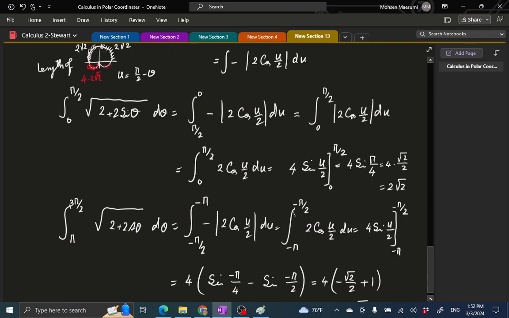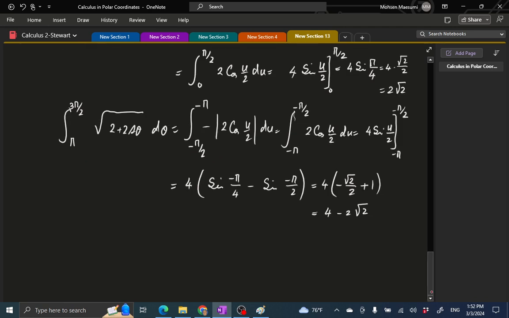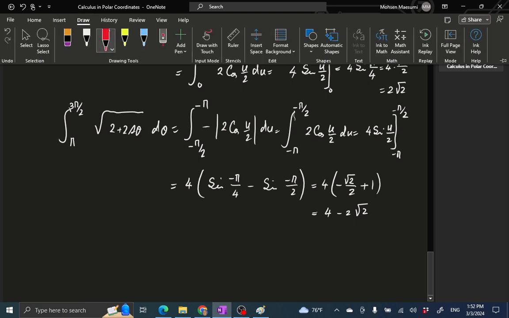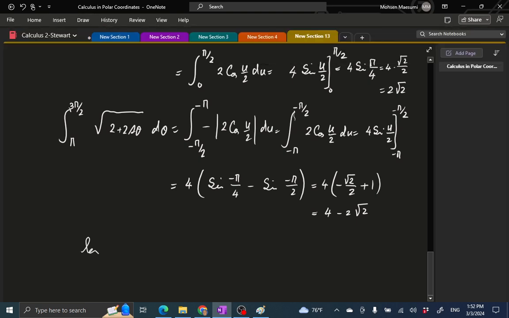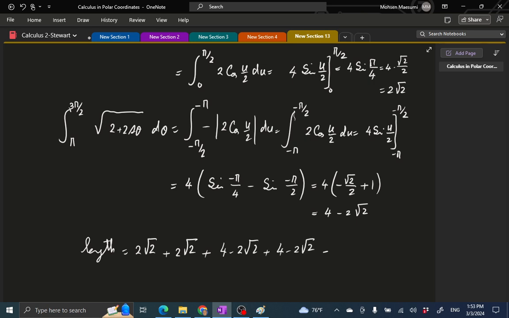So what we have is the length becomes: upper piece we had 2 radical 2, then there is another one by symmetry 2 radical 2, and then the bottom piece was 4 minus 2 radical 2, another bottom piece 4 minus 2 radical 2, by symmetry they're the same.